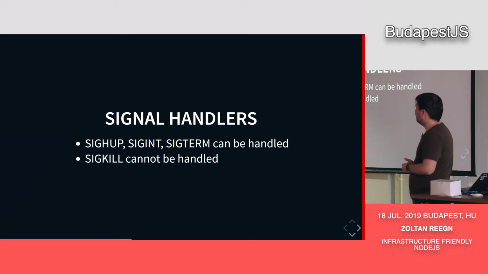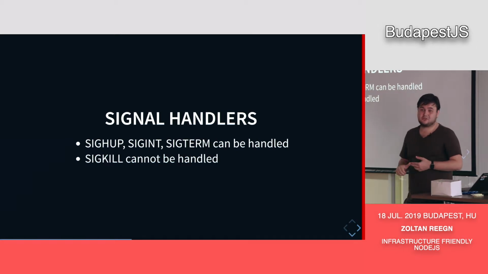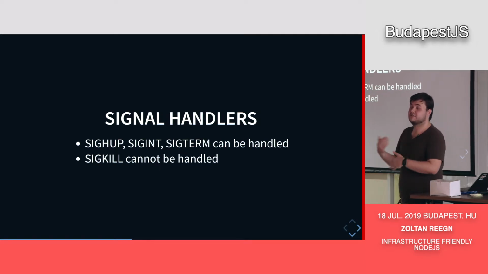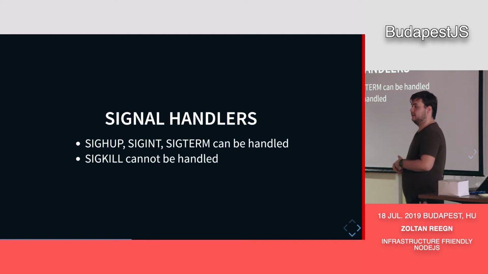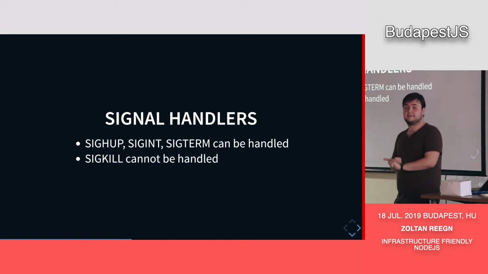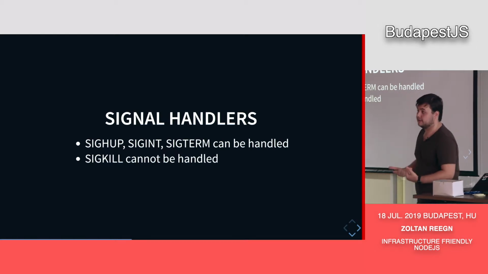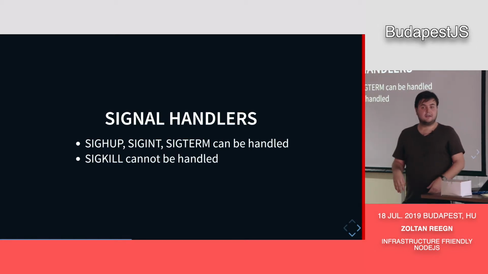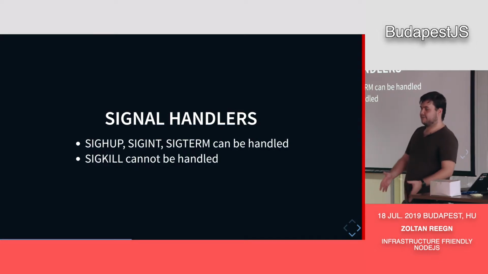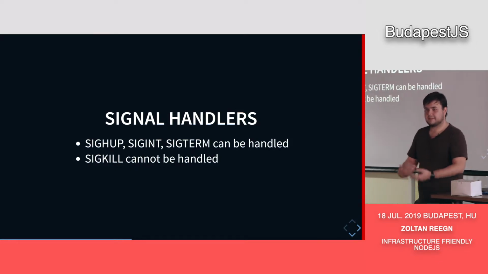So what exactly should a signal handler do? Well, it should close existing connections or finish serving them. And then it should also set the service in a state where it doesn't accept any more incoming connections. So it's like the OS says, please shut down, and I have 5 requests processing.